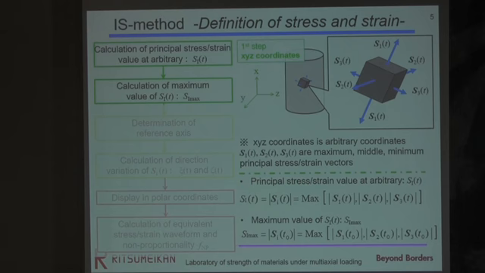And after that, we get the maximum value of SIt using this equation. So this value is the maximum absolute value at the time t, and this one is the maximum absolute value of principal stress in a cycle.